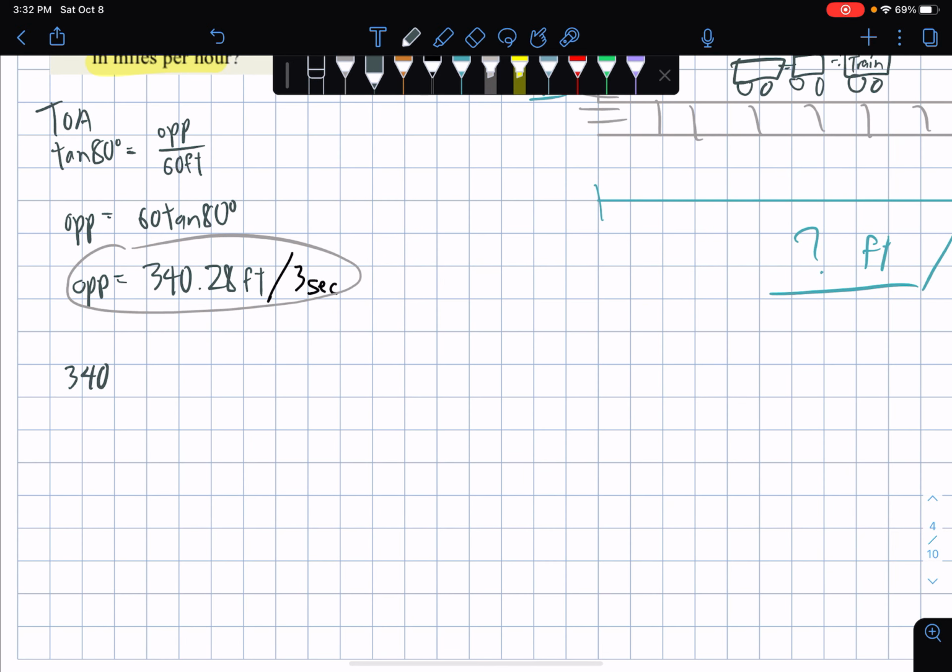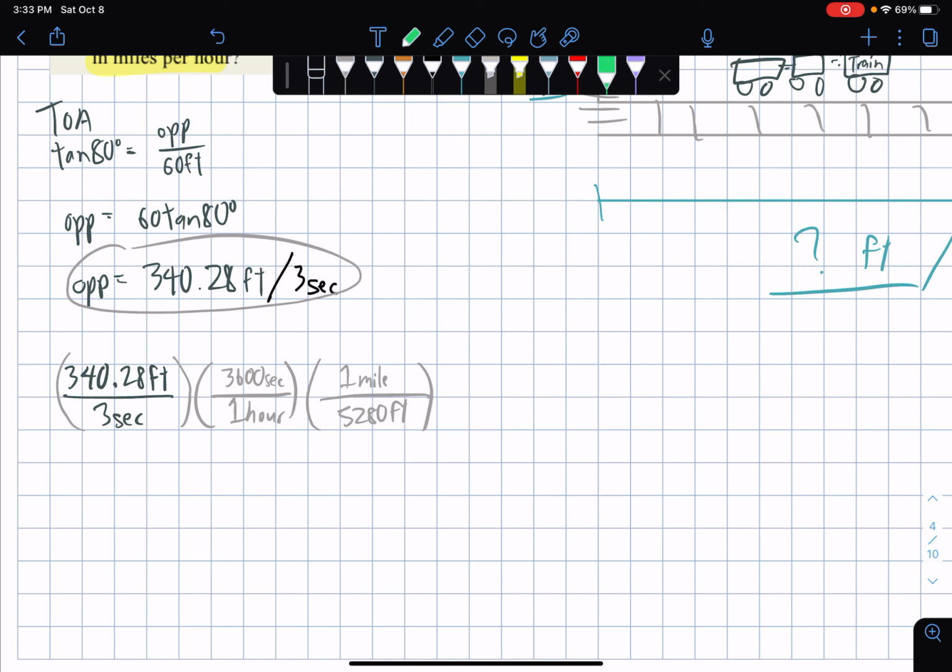So 340.28 feet over 3 seconds. Let's convert them to miles per hour. 1 hour is 3,600 seconds, while for feet, 1 mile is 5,280 feet.